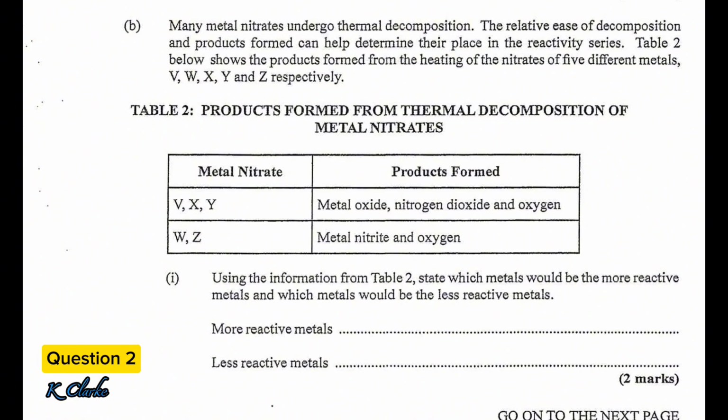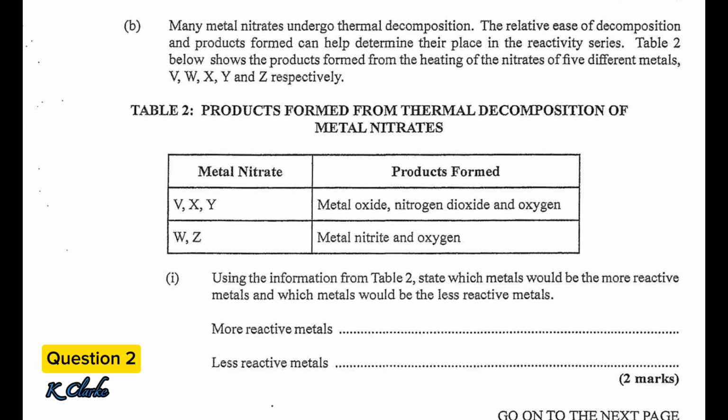B. Many metal nitrates undergo thermal decomposition. The relative ease of decomposition and the products formed can help determine their place in the reactivity series. Table 2 below shows the products formed from the heating of the nitrates of 5 different metals V, W, X, Y, and Z, respectively.